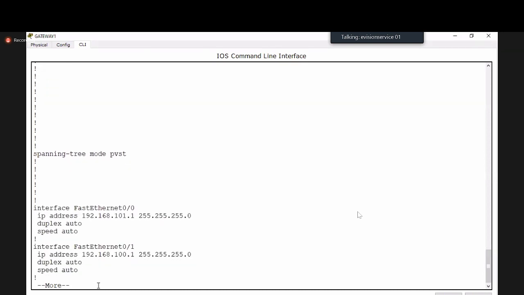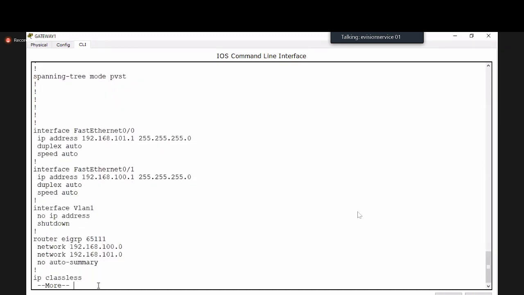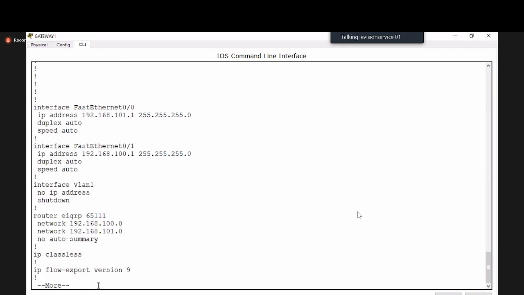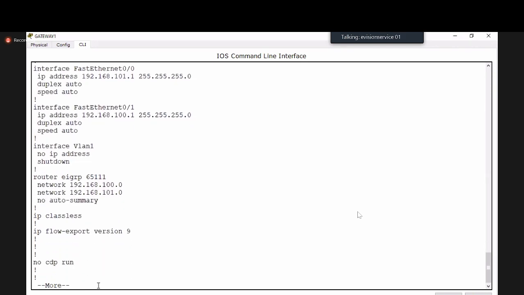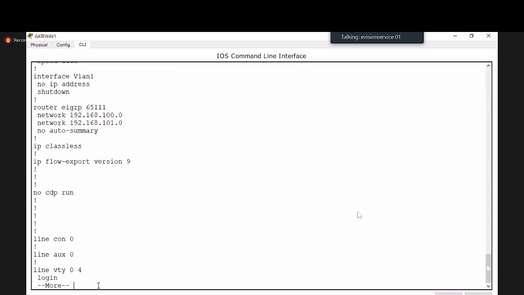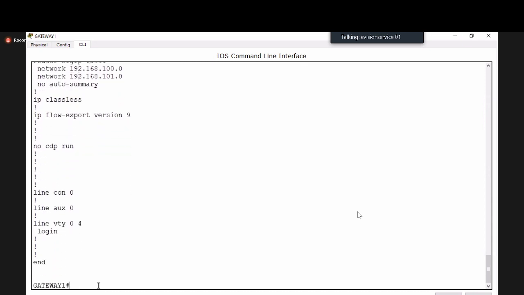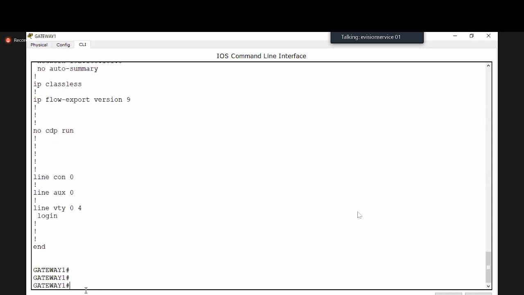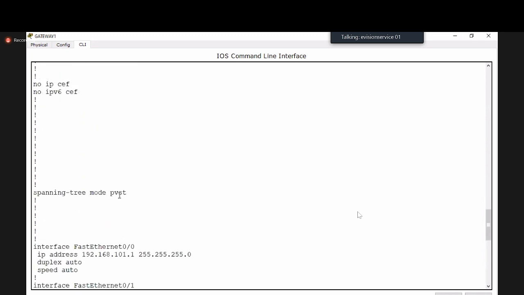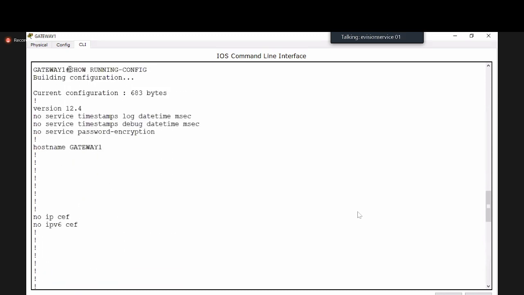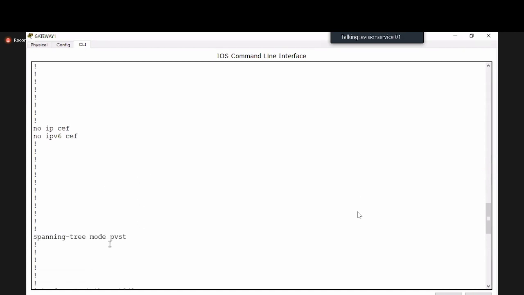You can see the IP address we have configured, and you can see the EIGRP configurations. So whatever configuration your router has, you can see it all using this command. Take the screenshot. Taken? Yes, sir. Taken. All right.